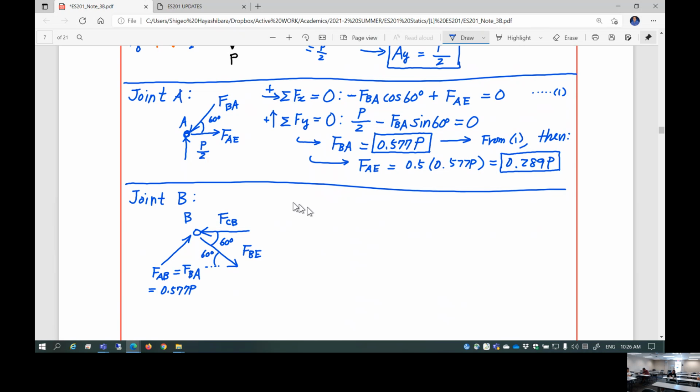Okay. So once again, you're going to apply summation of the force in x direction set equal to 0.